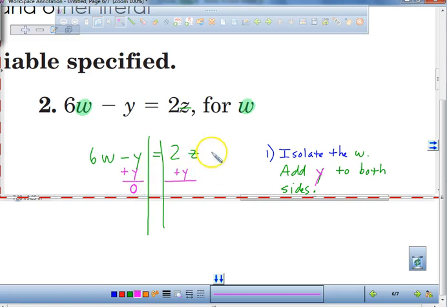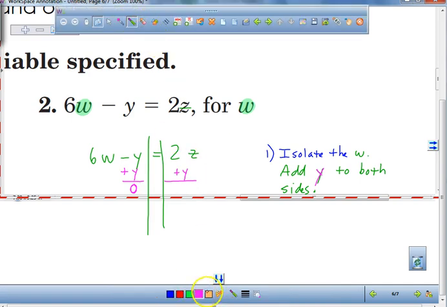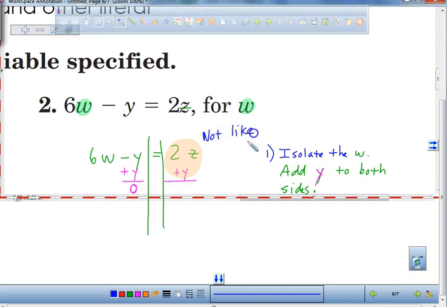Now everybody, I'm going to highlight something that's very, very important where students mess up all the time. These are not like terms, which means you cannot add these together. They're not the same.